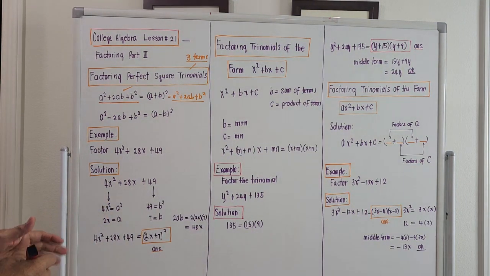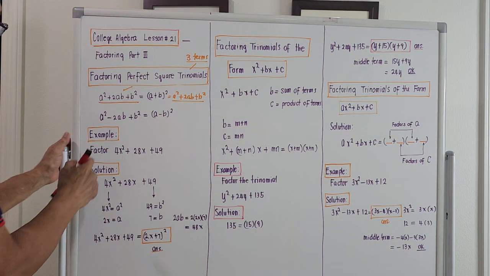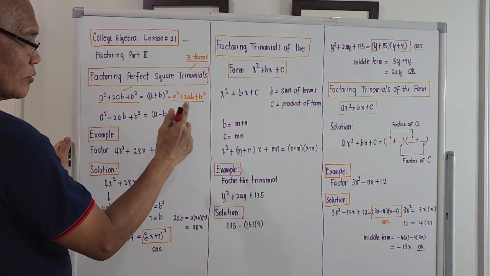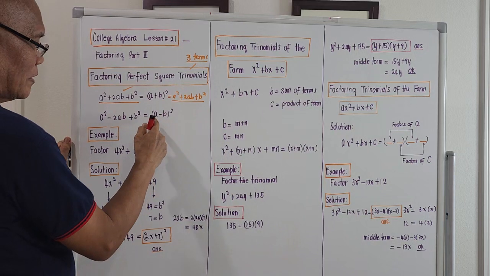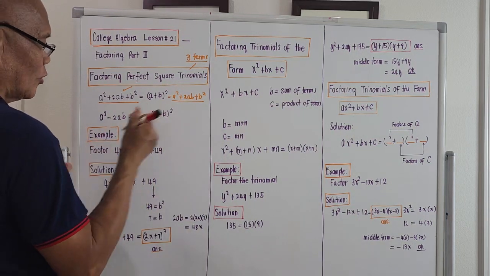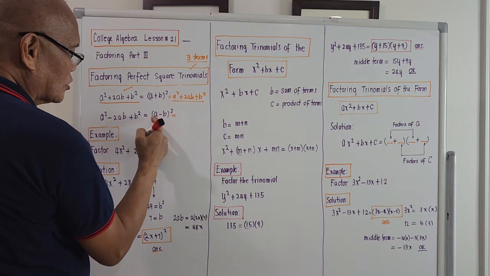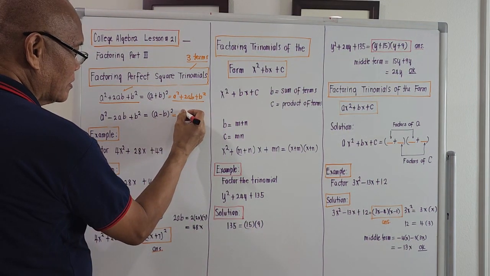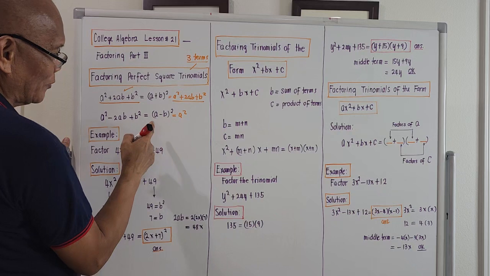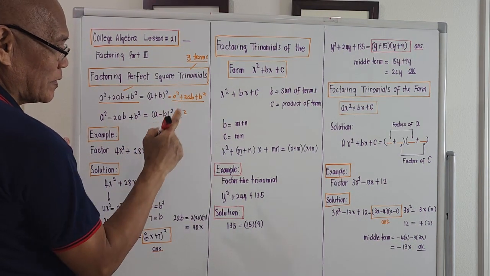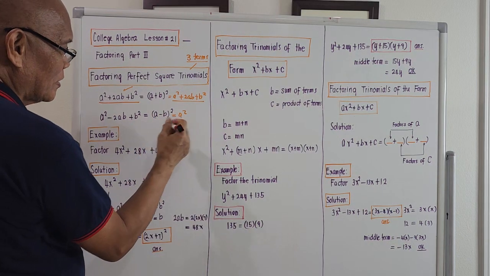The second one, I said this is also a perfect trinomial, and the resulting factor form will be a minus b quantity squared. To verify if this is correct, I just expand. The square of a will be a squared. The middle term will be the product a times negative b. The sign should be negative because the second one is negative.